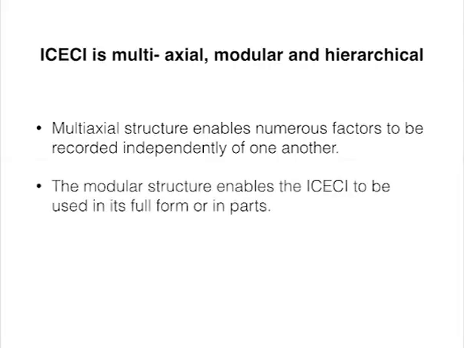The modular structure of the ICECI groups together sets of items which are likely to be used together. This enables the ICECI to use its full form, that is, using all items in all modules, all at their most detailed coding level, or parts of the ICECI can also be used when that is more convenient.